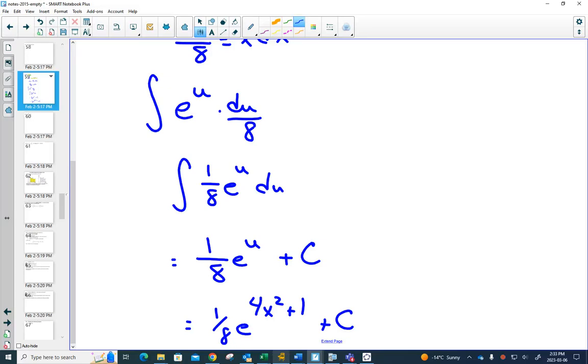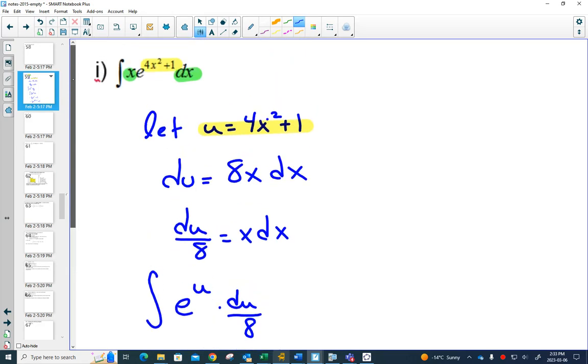So initially, we said that we could use substitution if you saw a function inside of another function and also saw its derivative. And now we've adapted that a little bit to saying if you see a function inside of another function, so the yellow 4x squared plus 1 is inside of another function, and its derivative in any general form is there.